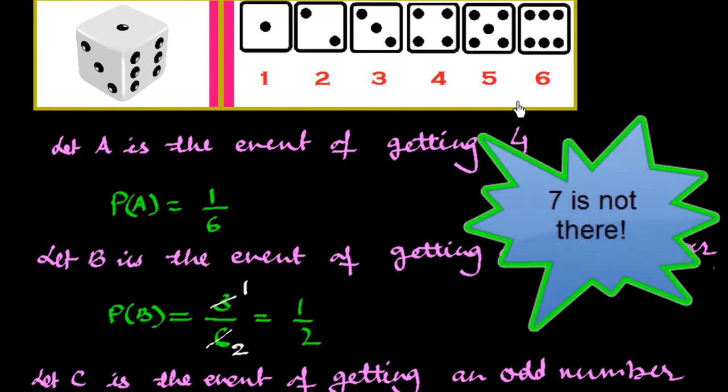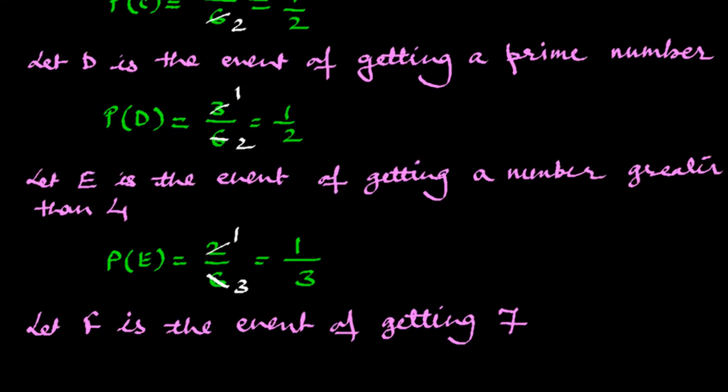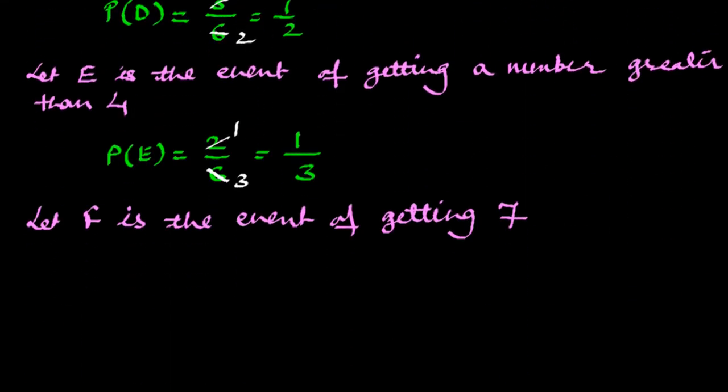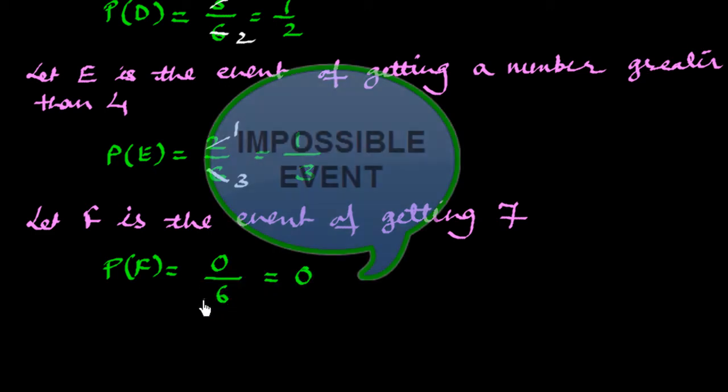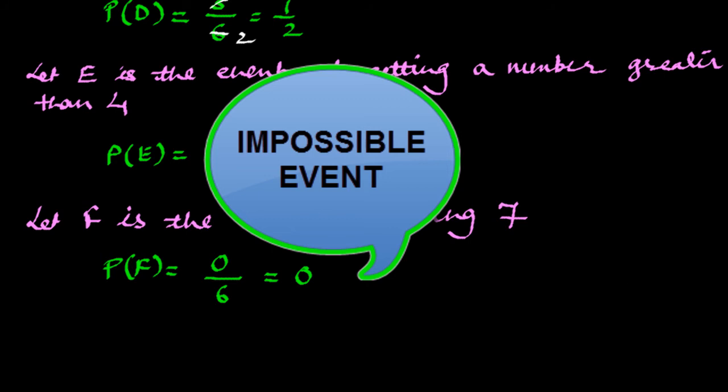Oh, there is no 7 here. So we have no favorable outcome. The favorable outcome is 0. So P of F is equal to 0 over 6 total outcomes. So we get 0. It is the impossible event.